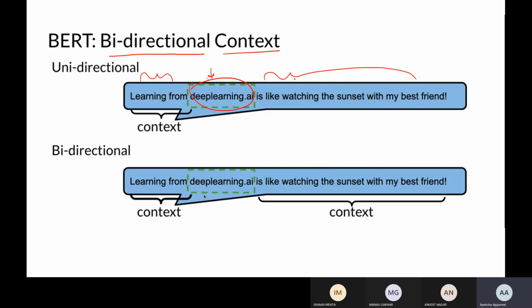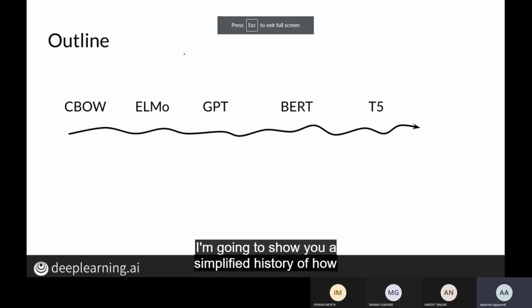So most of the models, for example, a sequential model, they go from left to right. So bi-LSTM solved this problem by training from left to right and right to left. So BERT is also a bi-directional model. We'll see how this works, and we'll see how BERT is trained for the data sets.